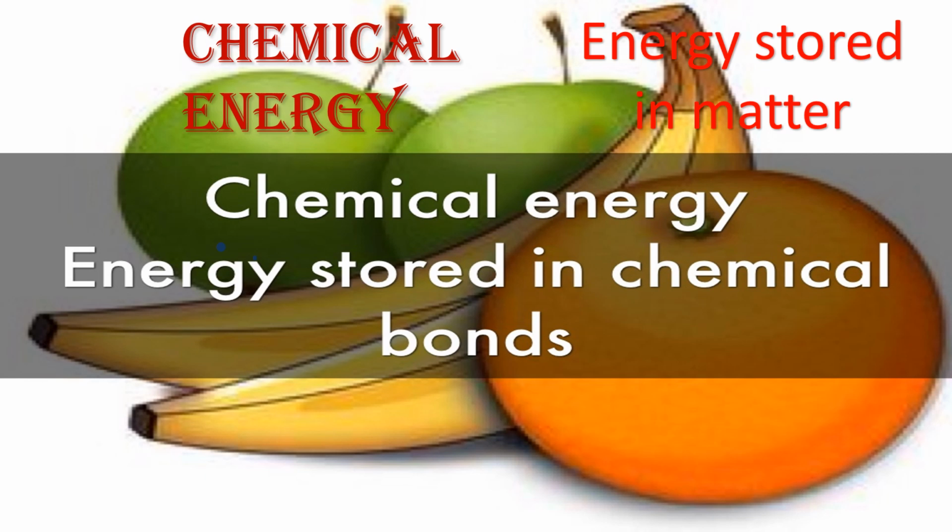We get chemical energy from fossil fuels like petrol, diesel and coal. And the chemical energy for human beings is got from food. The food we eat gives us chemical energy.